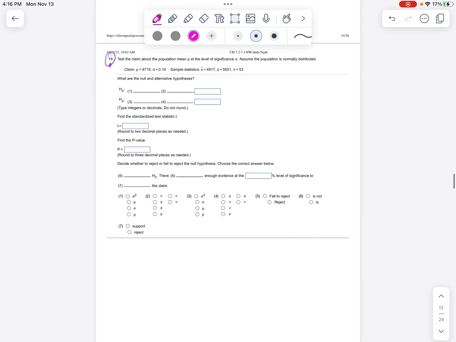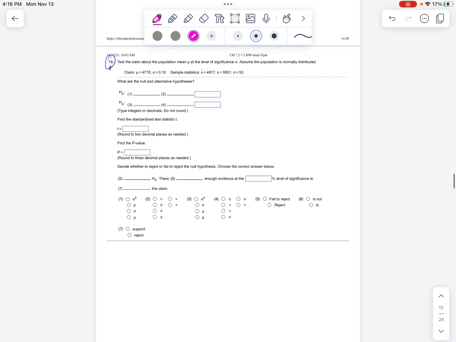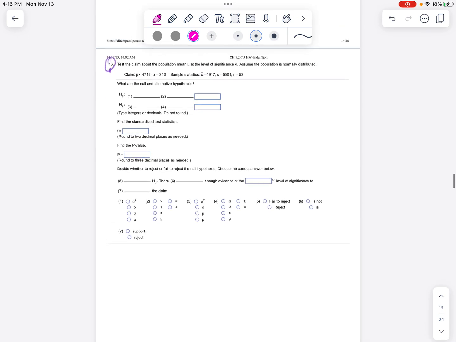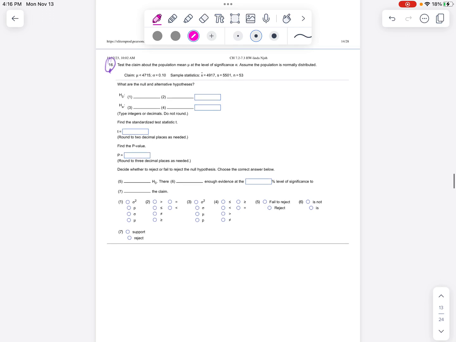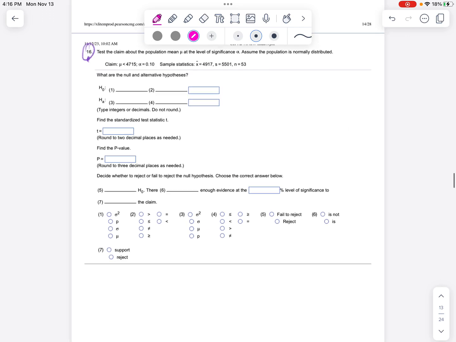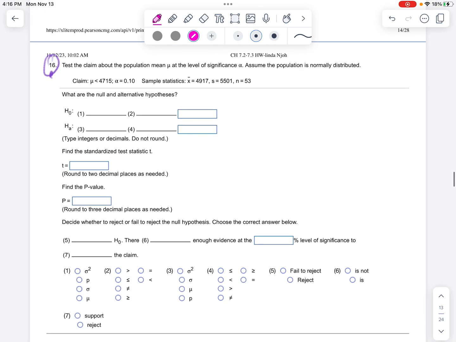15, you do it on your own. 16, let's see what's up with 16. Now, look, this is a t-test, and we're going to talk about why.